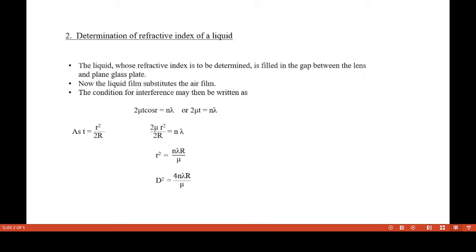So the next application is the determination of refractive index. Determination of refractive index using Newton's rings. Here, the liquid whose refractive index is to be determined is filled in the gap between the lens and the plain glass plate.